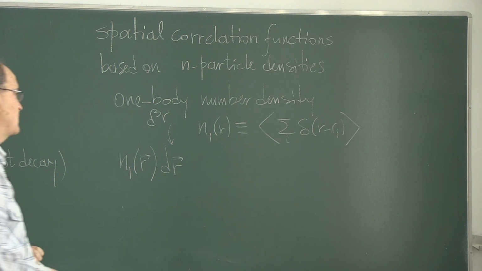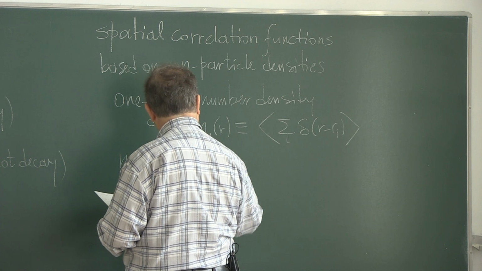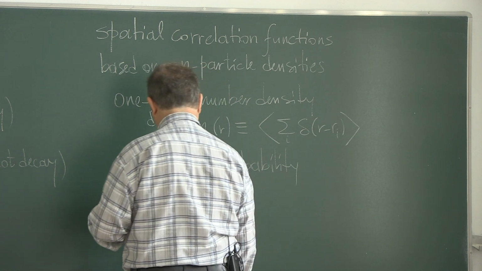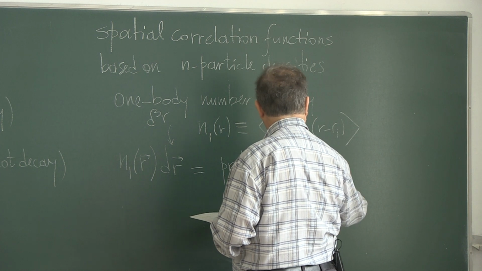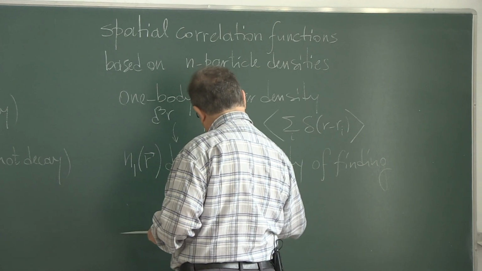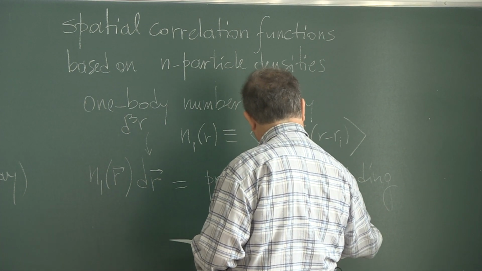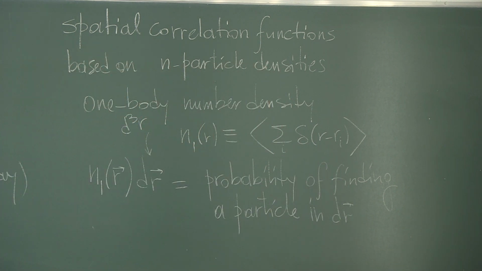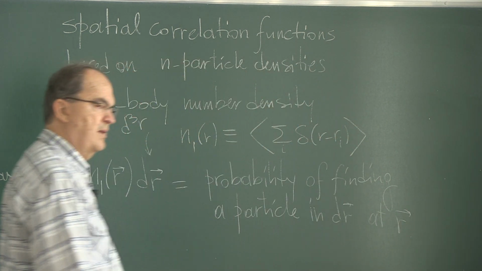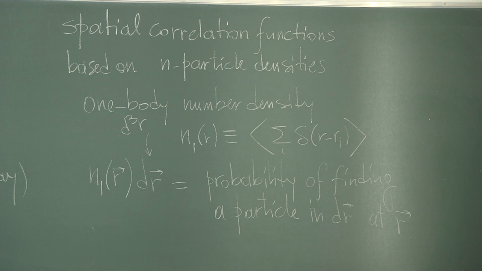Now I write the meaning of this function. This is a measure of probability of finding a particle in dR at the position R. This is an extremely important function, I think, among correlation functions.